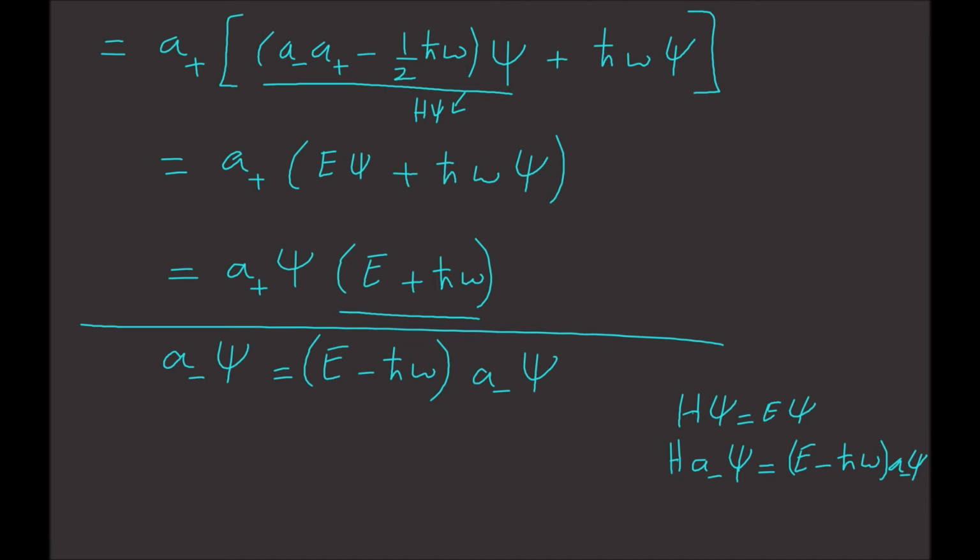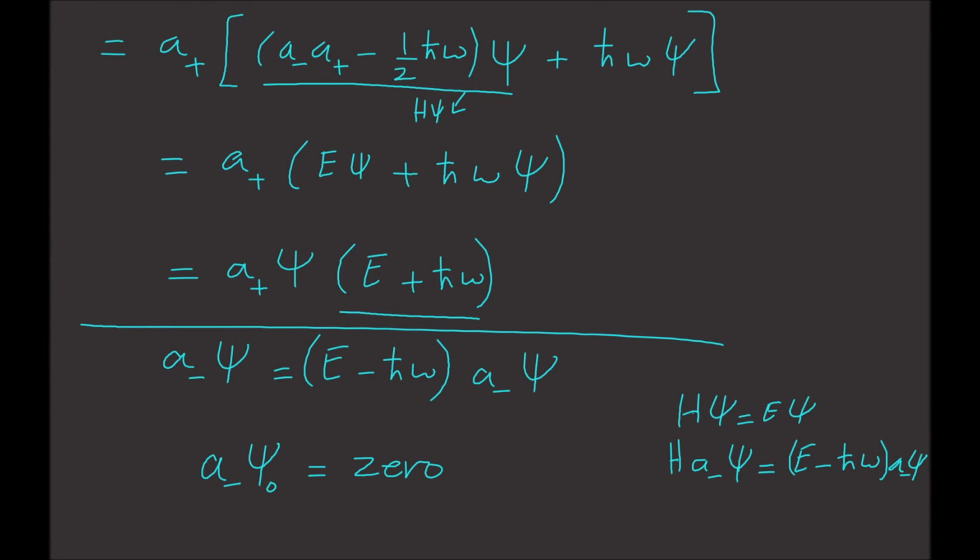And we can't go all the way to negative energy. We have no such thing. So there must be a limit. So there must be some psi initial such that A minus times psi initial is equal to 0. So this is a very important piece. This is gonna make us solve the equation, okay?